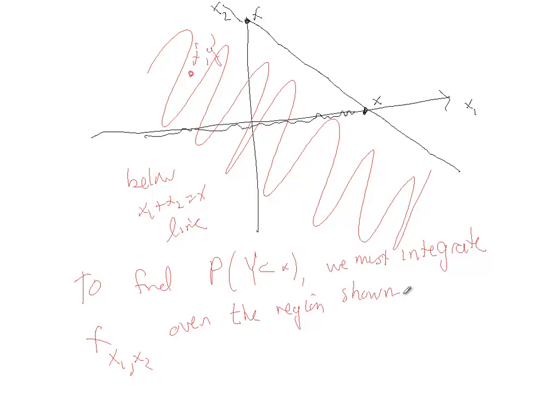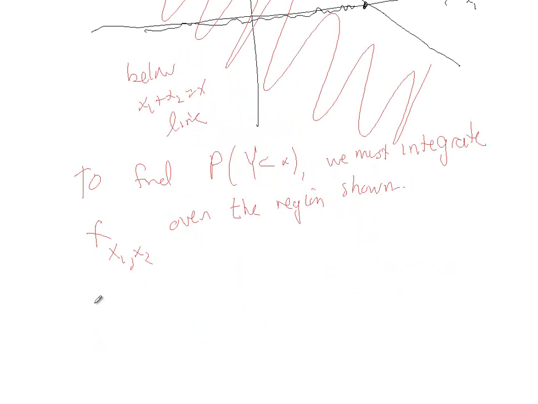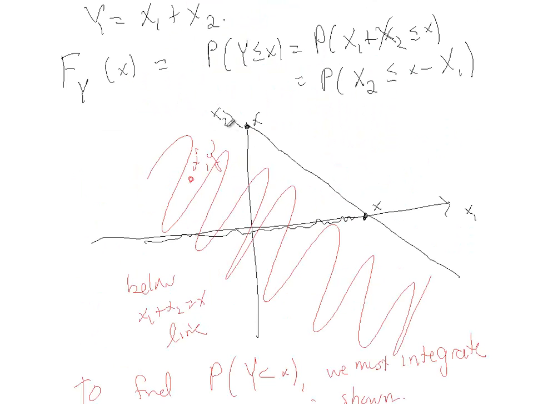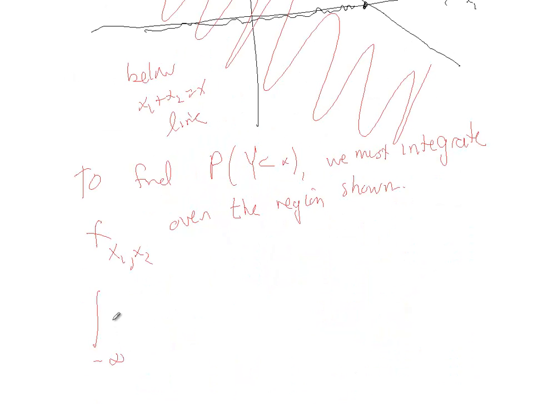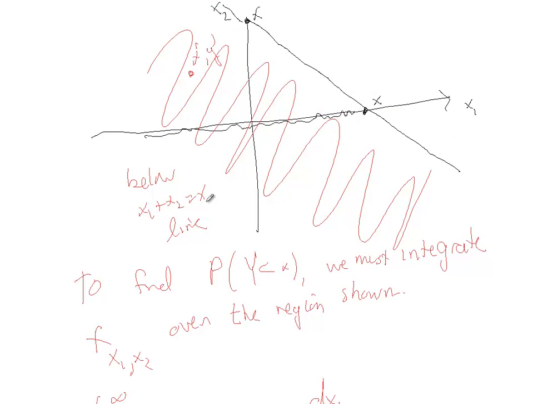Okay, so let's do that. I want to integrate. If you remember your integration here, you can see that X1 goes from minus infinity to infinity, and I'll put the dx1 here. Now the question is, what does X2 go from? Well, if you fix X1, then what's this value? That's the point where X2 plus X1 equals x.